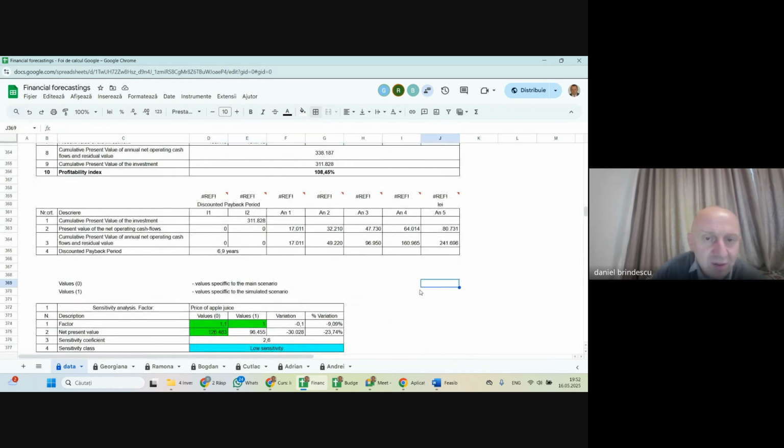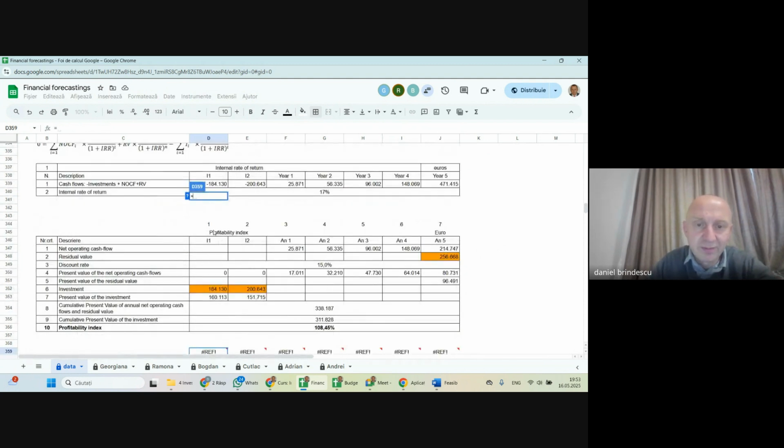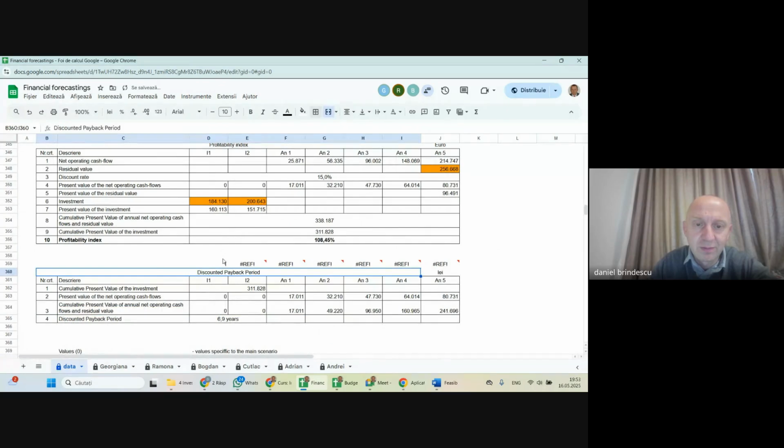The last indicator is the discounted payback period.